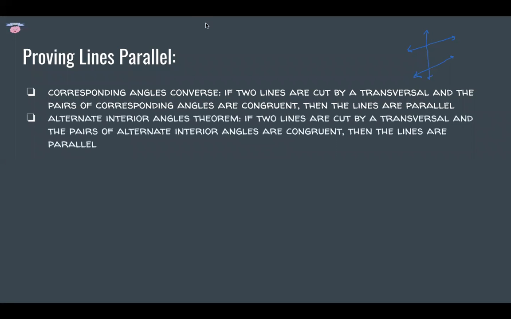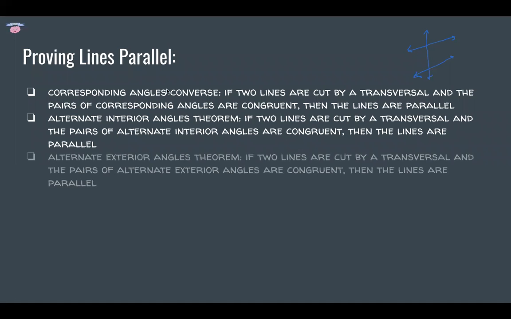Now, if we know that the alternate interior angles, this angle and that angle, are congruent, then the lines are parallel. Similarly, if we know that this angle and that angle are congruent, then we know that the lines are parallel.